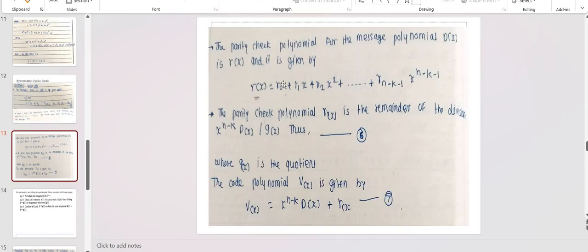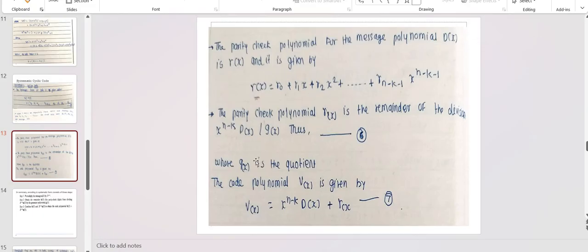So this is the generalized formula for the check bits, where it is extracted from the encoder. That check bits can be evaluated by the division, that is, the remainder. R(x) is nothing but the remainder. So it can be evaluated as x raised to n minus k into d(x) divided by g(x), where q(x) is nothing but the quotient.